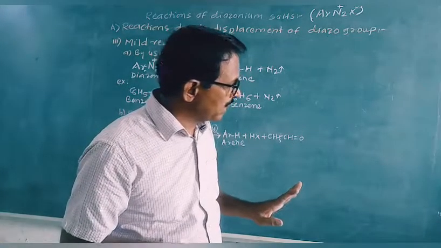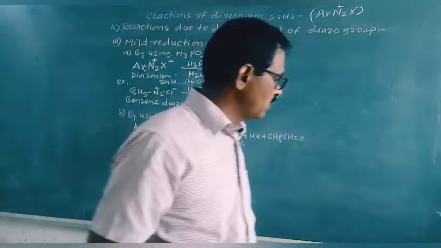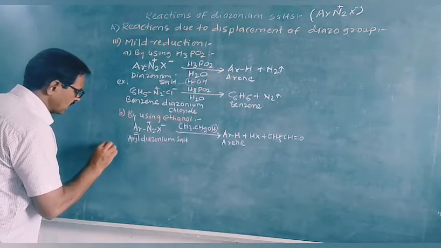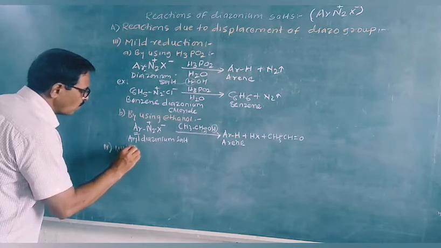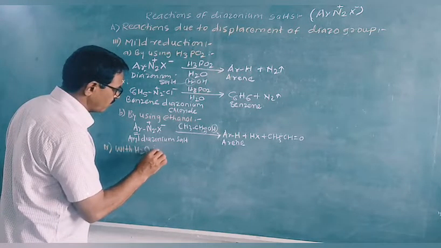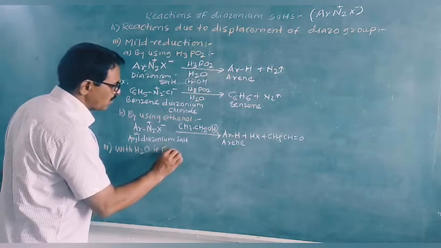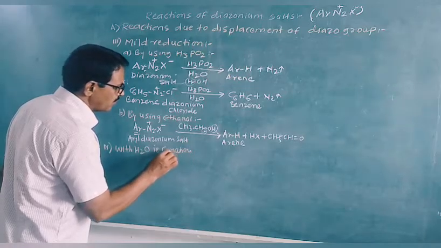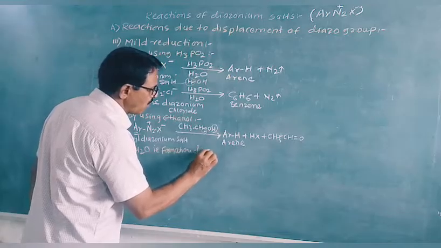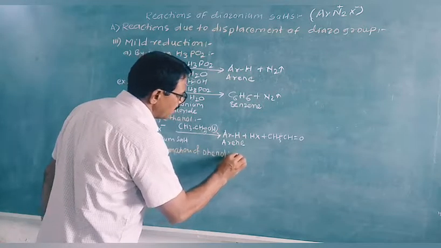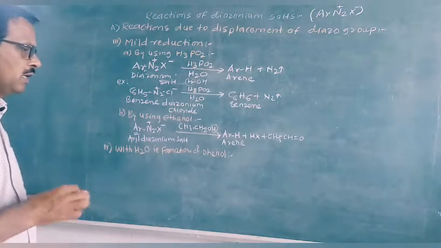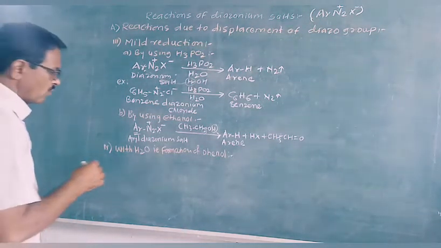And then one more, that will be the last one, reaction with H2O. The fourth and last reaction is reaction with H2O, and that is formation of phenol. In this reaction, formation of phenol takes place when that arene diazonium salt is heated up to 285 Kelvin with water.